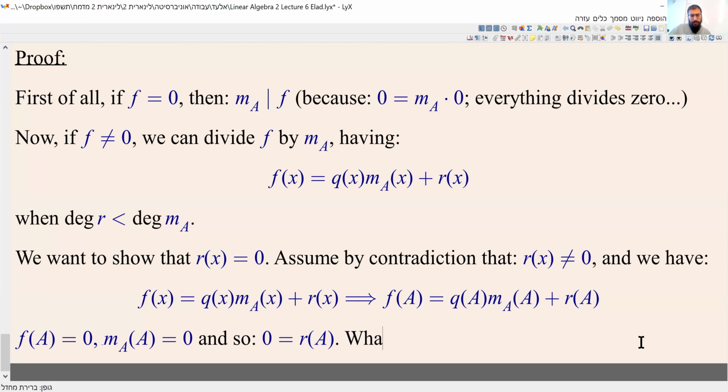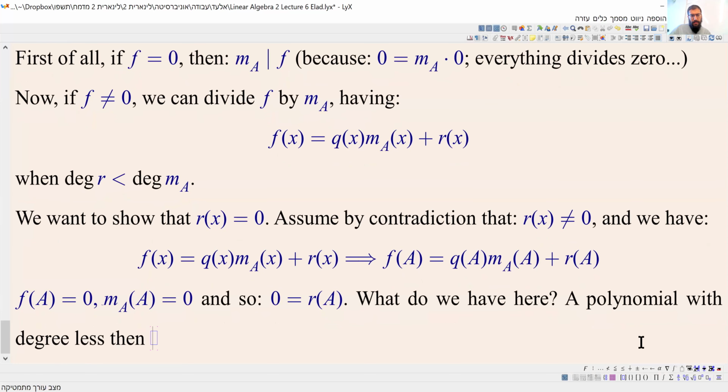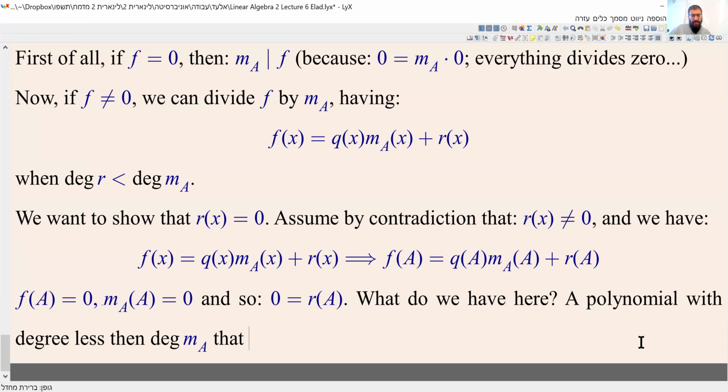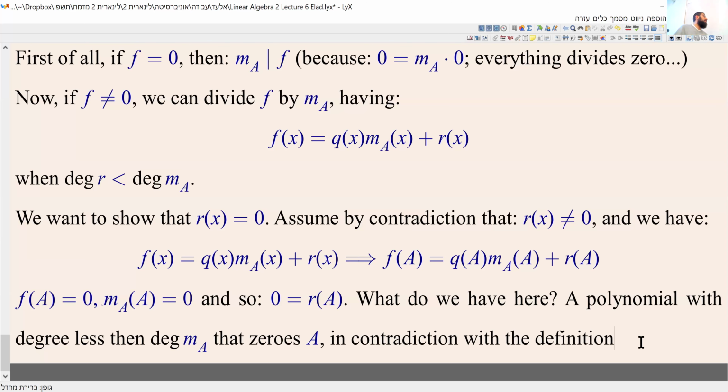What do we have here? A polynomial with degree less than the degree of M_A that zeros A. Contradiction with the definition of the minimal polynomial, that is the polynomial of the minimal degree that zeros A. Definition of M_A.